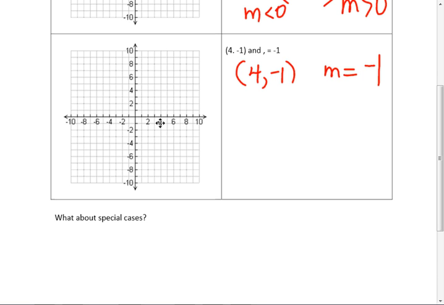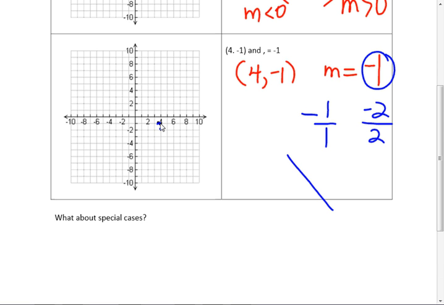Okay, Cole, come up here. Some of you got confused with the negative 1. It's a fraction. It's negative 1 over 1 or negative 2 over 2. Can you find another point? You're going to start right here, and you're going to count. It's a negative number, so it's going to go down.